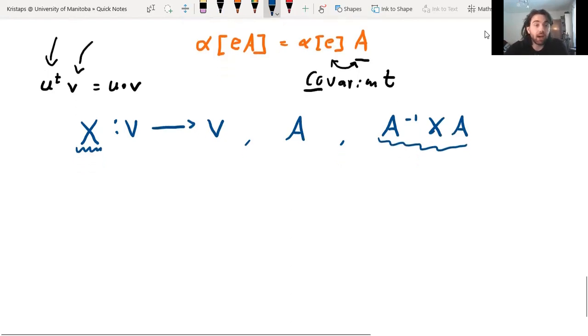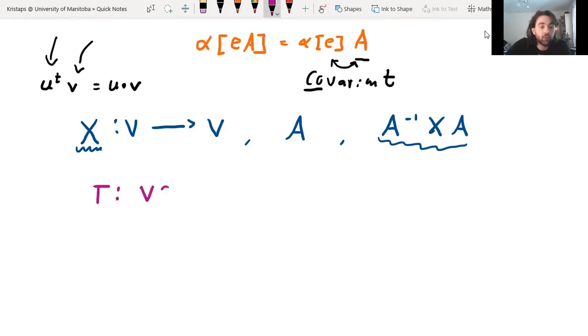So we're going to combine these ideas into the general notion of a multilinear map, which for us now, we're going to restrict, again, to the case of vector spaces. So suppose we want to know the transformation law where we have a tensor product of V with itself some number of times. And then we want to take the tensor product of V star with itself some number of times and toss this in.